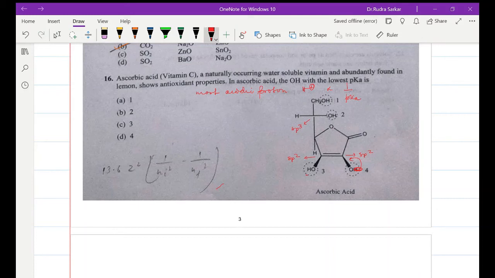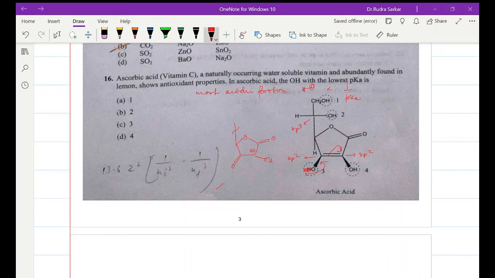However, if you think that we are creating a minus charge over here, like this, and this goes to form a double bond O, then the charge will come here, something like that. We are not considering the above part.